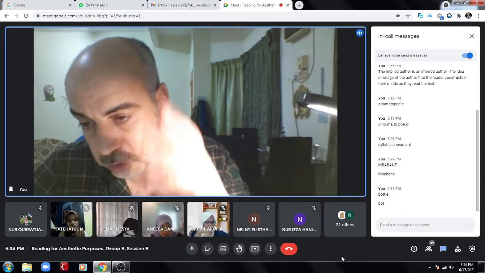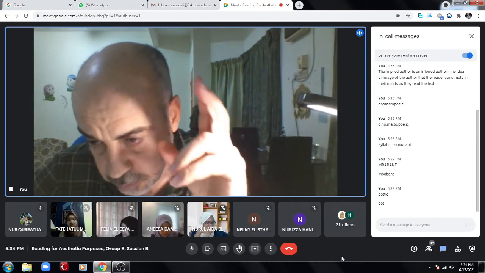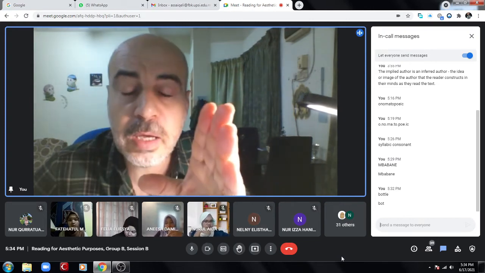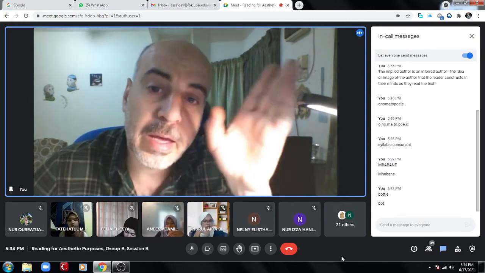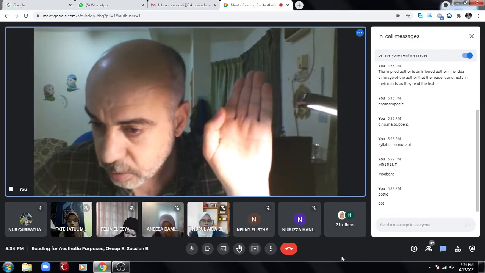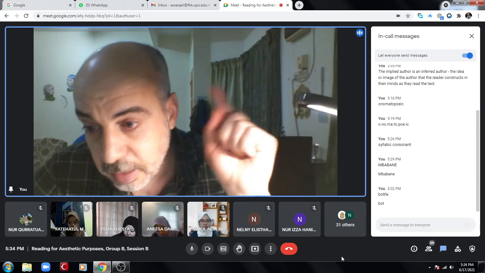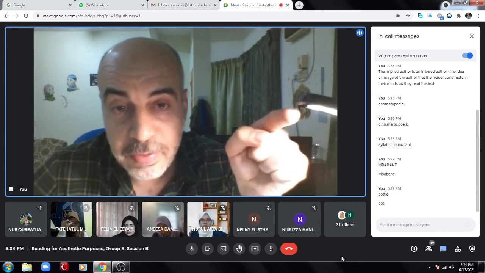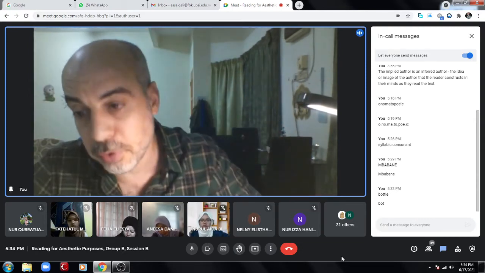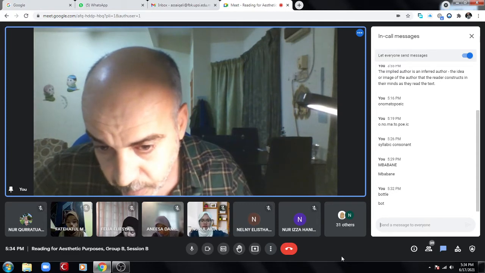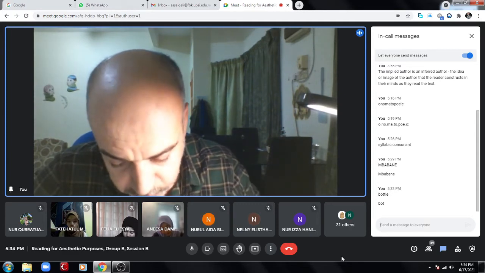So one major difference between these two types of sound patterning is that rhyming has to do with the end of the syllable, having the same sound at the end. Alliteration is having the same sound at the beginning of a word or syllable.